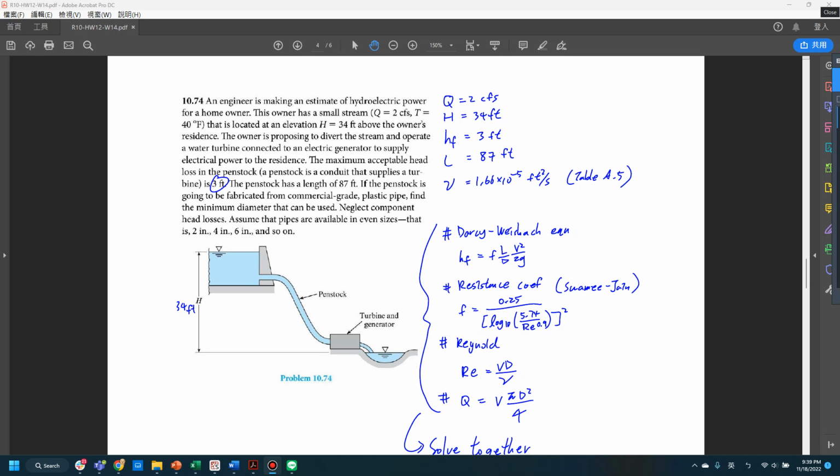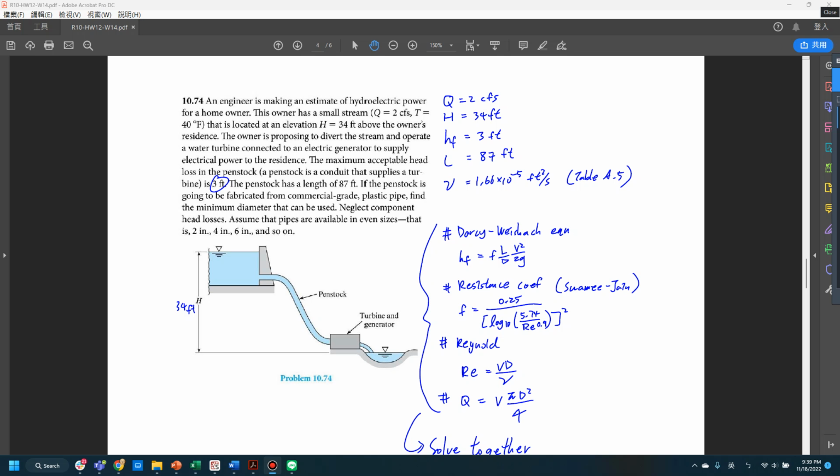Also, we will need the Reynolds number, which is equal to V times D divided by the viscosity. Also, the flow rate is equal to V, the velocity, times the cross-section area, which is equal to pi times D to the power of 2 divided by 4.